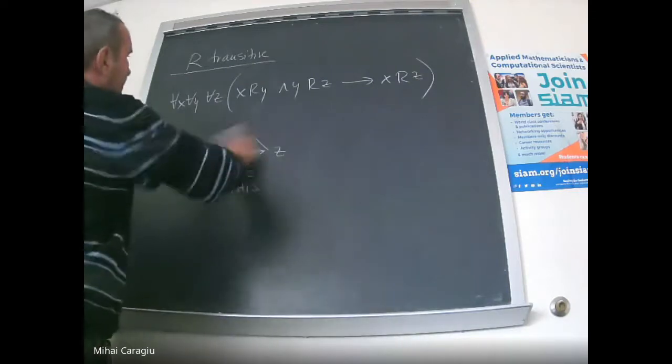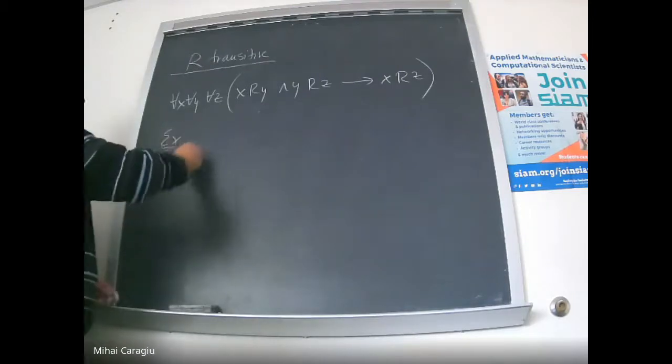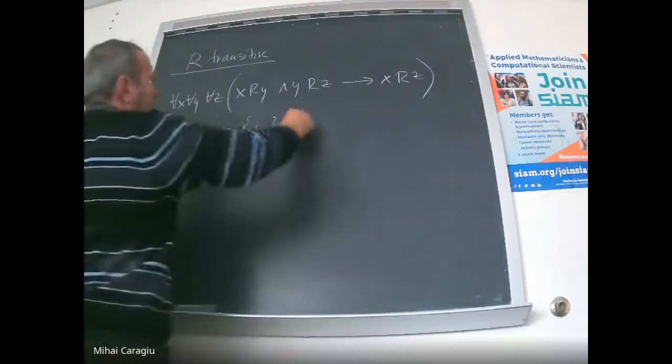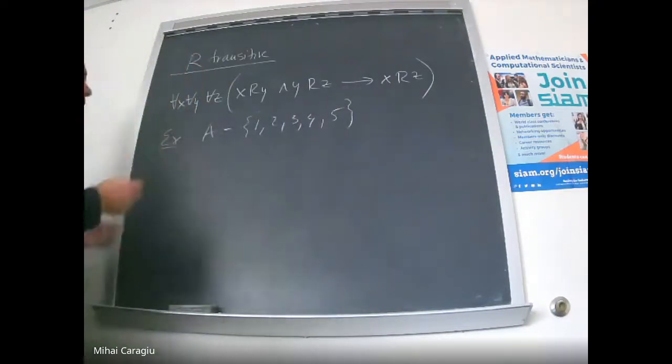Okay, so here's an example. A is, I don't know, 1, 2, 3, 4, 5, whatever, it doesn't really matter, give you any set of real numbers.